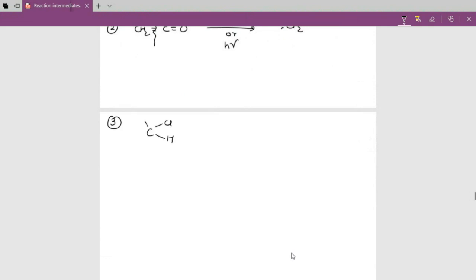We can have carbene from chloroform type things by the use of a strong base. First, there will be formation of an anion, and then this anion breaks further and a carbene is formed.